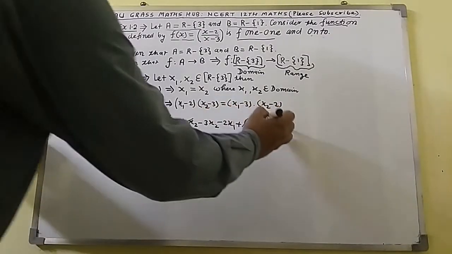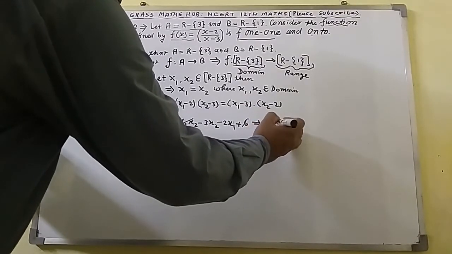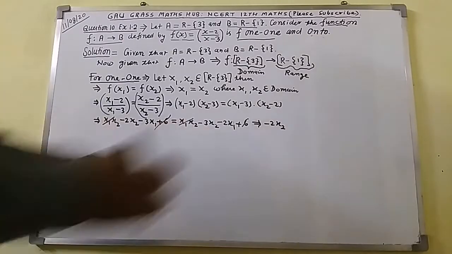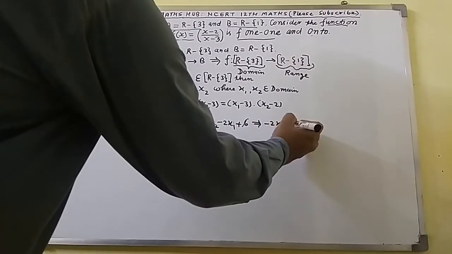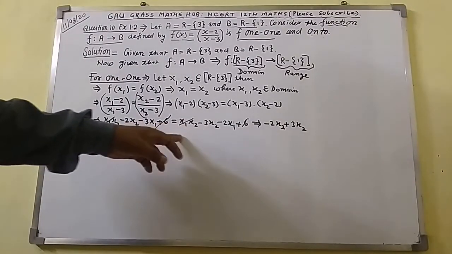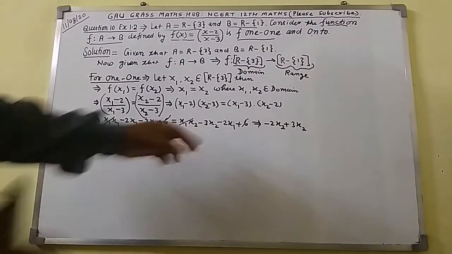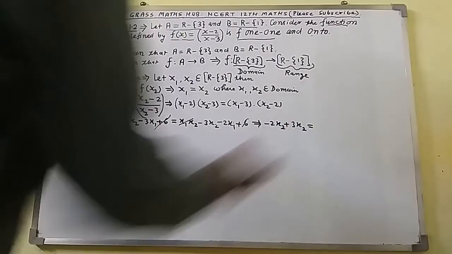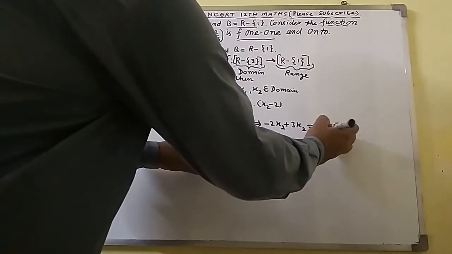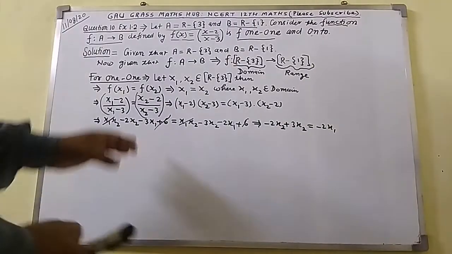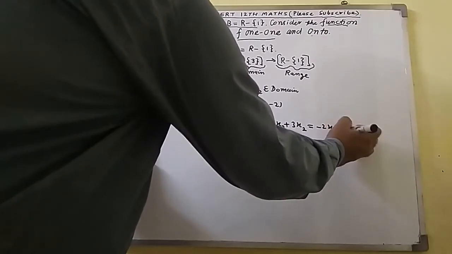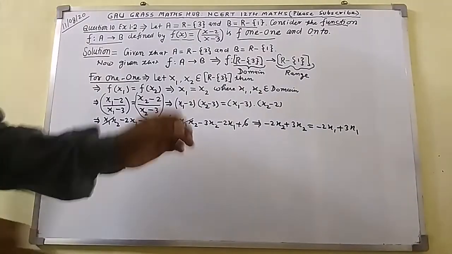So here we will get minus 2 f2 plus 3 f2 equal to, here you will get minus 2 x1 plus 3 x1. This one you have got.